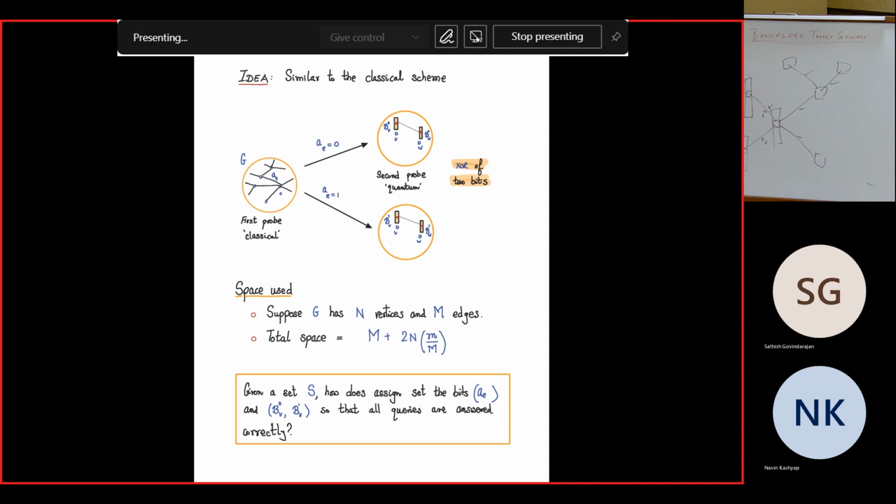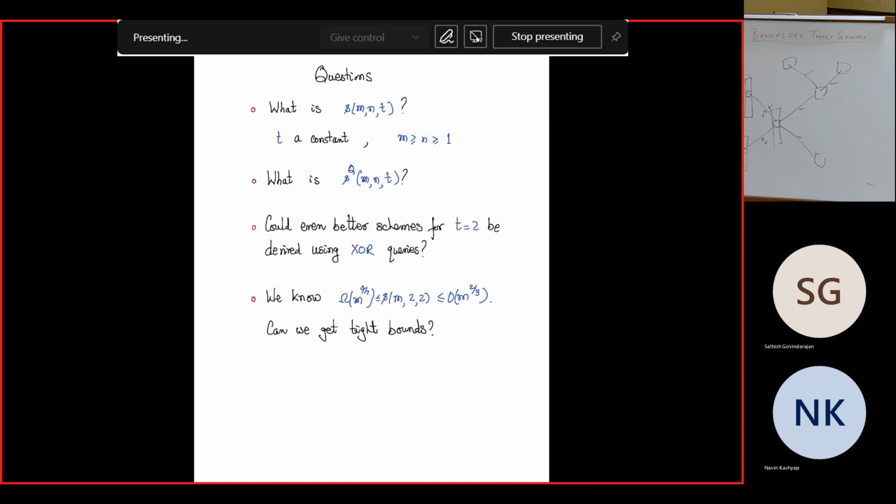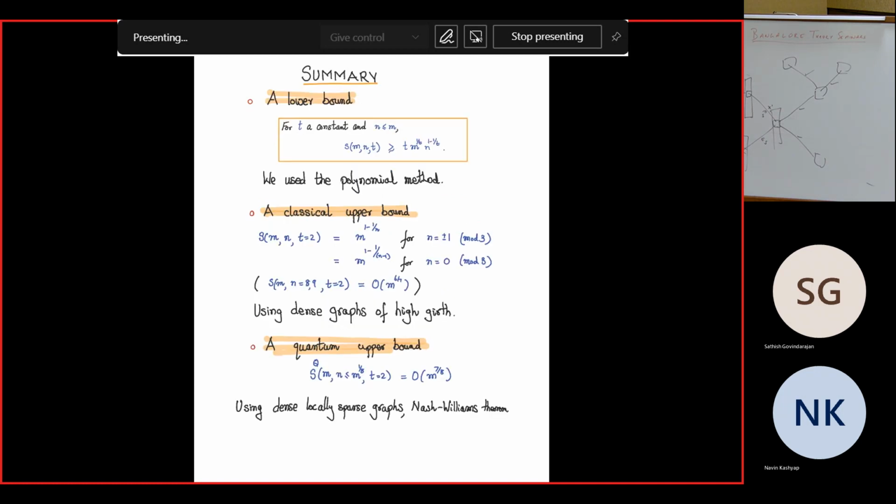So finally, what did I tell you? I told you a polynomial method proof of this. I hope that was interesting. A classical upper bound used the existence of dense graphs of high girth, which we pick up from the literature. For the quantum upper bound, the only property of quantum algorithms we used was the fact that they could do XOR of 2 bits.